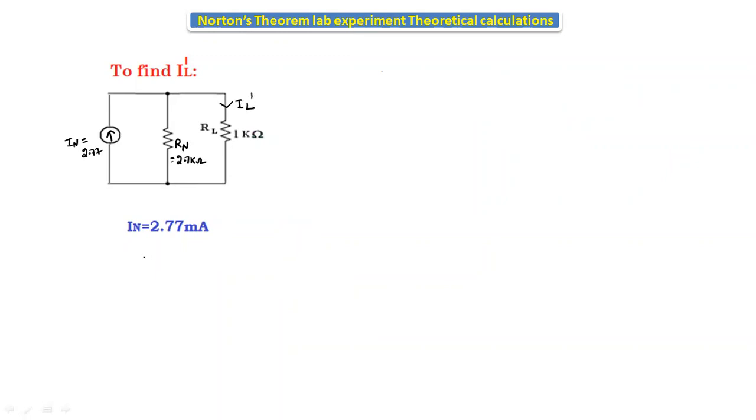Here, to find out IL dash, I am using the current division rule. By using the current division rule, the formula we get is: the required current IL dash is equal to the total current.